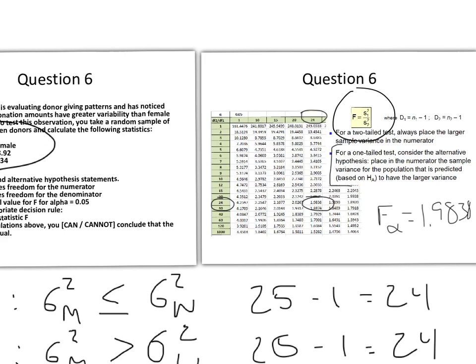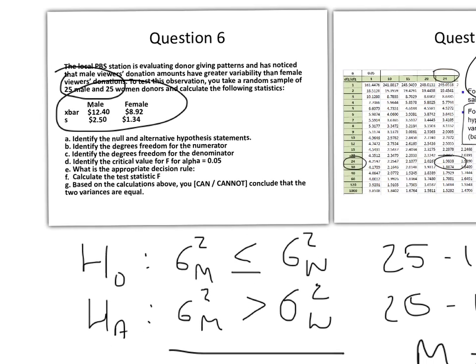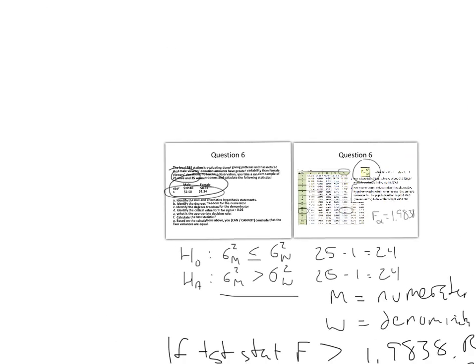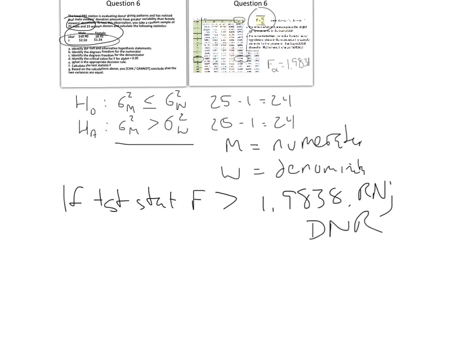So we need s squared of 1 over s squared of 2. 1 and 2 will depend on which you put in the numerator and denominator. In this case, we have the men in the numerator and the women in the denominator. We have here the values for s, and we will have to get the values for s squared, which is easy to do, of course. We just have to remember to do it.